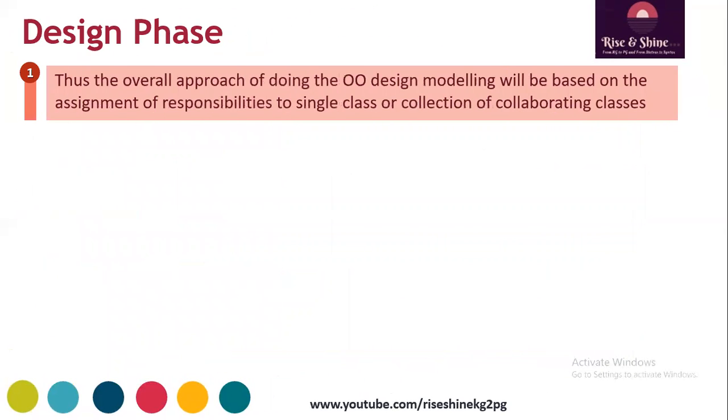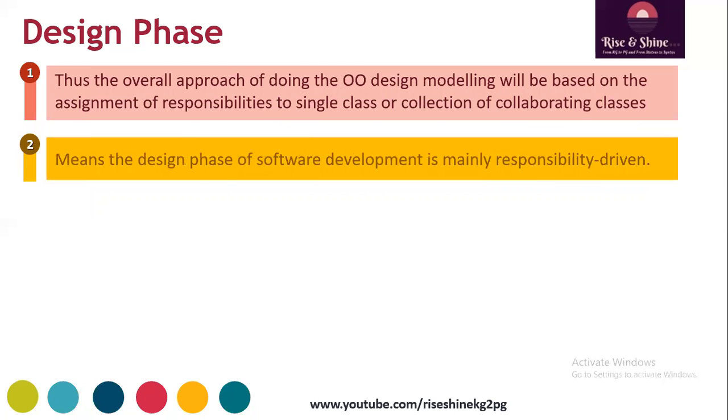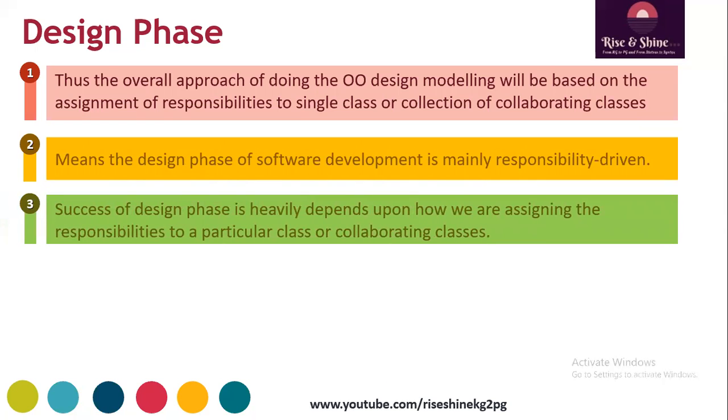This design phase is thus the overall approach of doing object-oriented design modeling based on the assignment of responsibility to the classes. It means the design phase of software development is mainly responsibility driven, and the success of this design phase is heavily dependent upon how we are doing this assignment, that is, how correctly and how appropriately we are assigning the responsibility to a particular class or some group of classes.